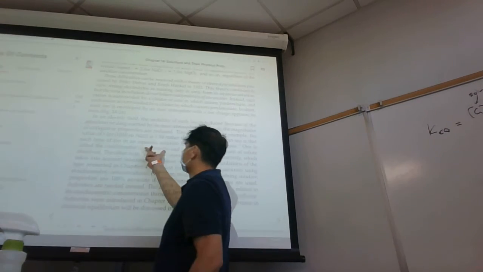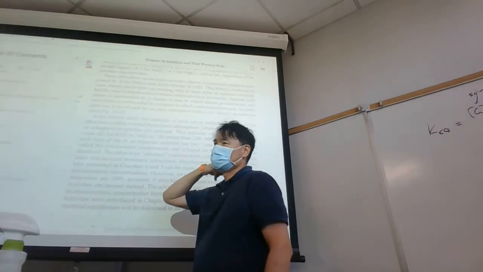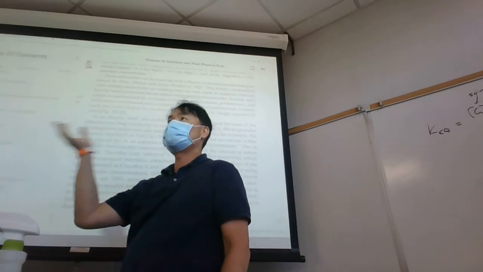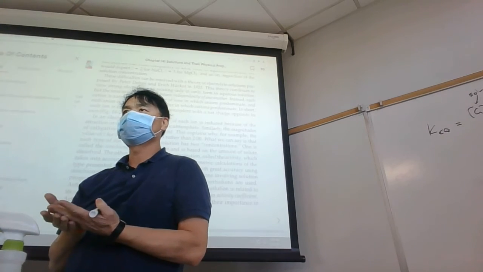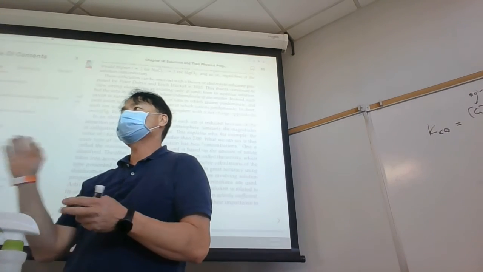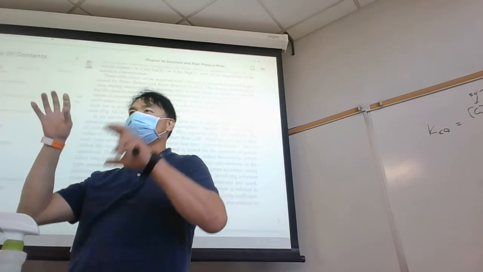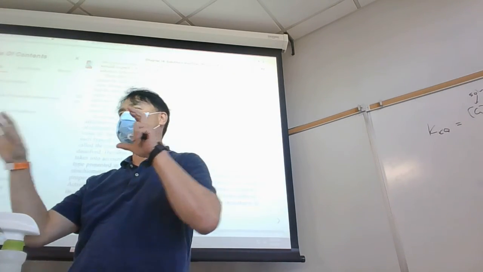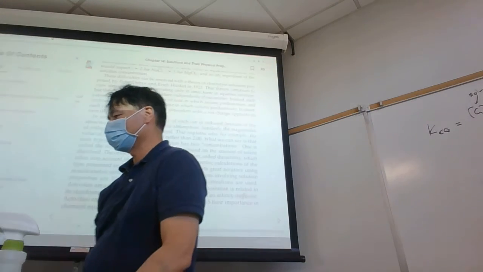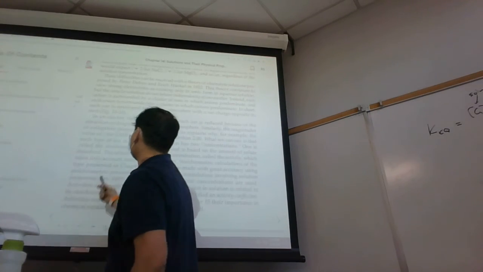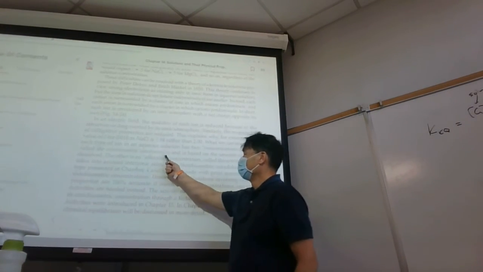For example, if you had 1 molal or 1 molar sodium chloride, you'd expect to form 1 molar sodium ions and 1 molar chloride ions, independently of one another. That's called the stoichiometric concentration.